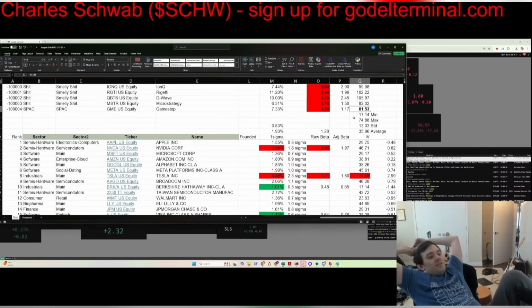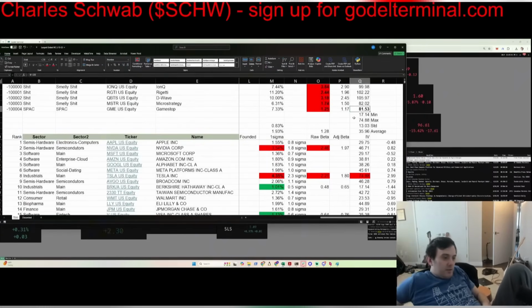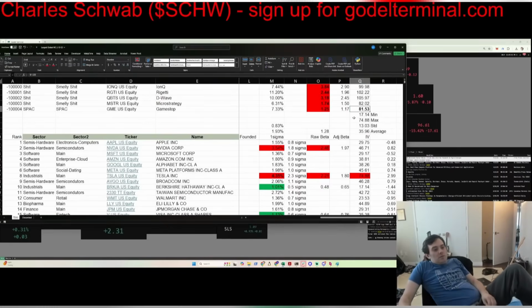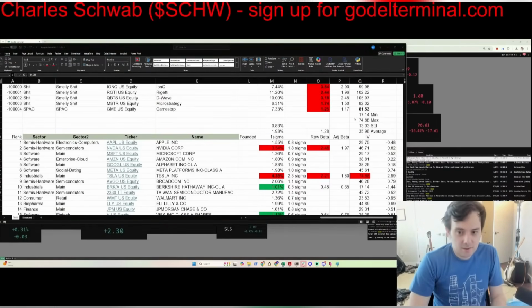The beta's low, but the moves are big. There's still an arb there. IV matters a lot because you are paying a lot for the options. Pretty basic point here.